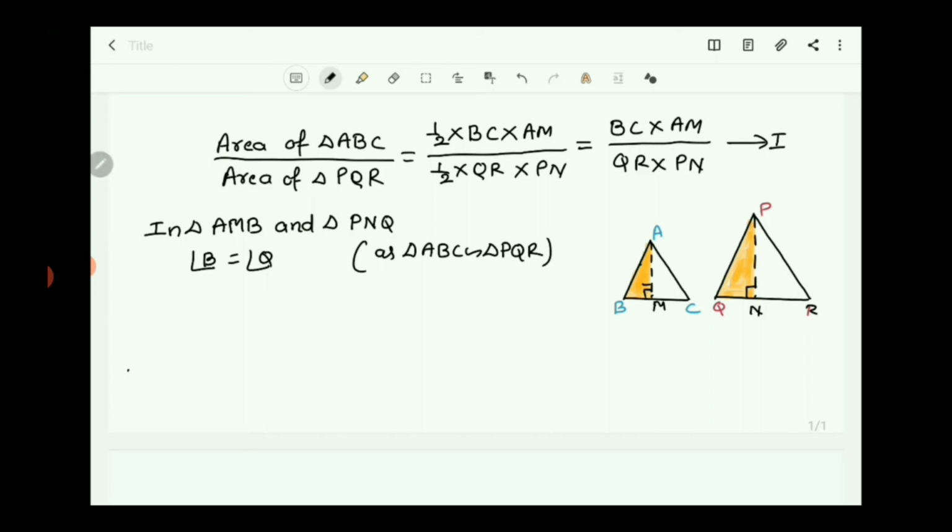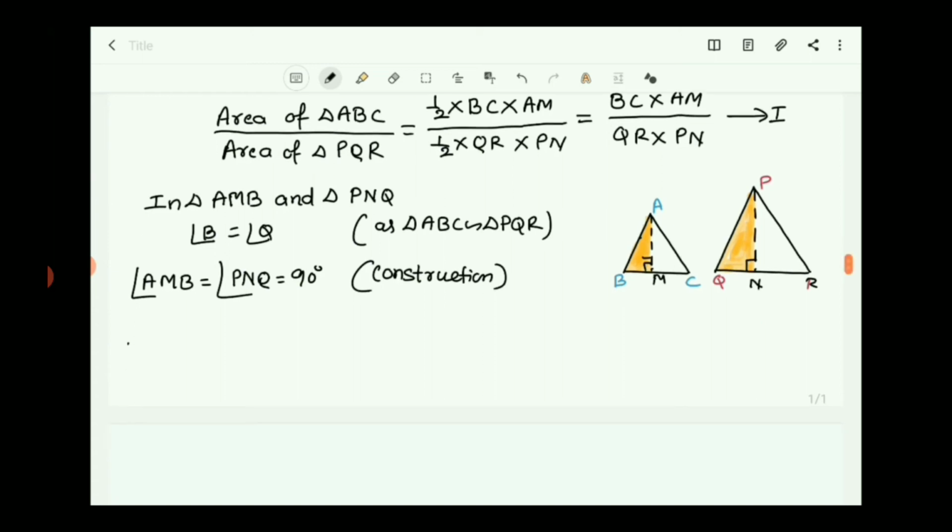So, you write angle AMB is equal to angle PNQ, both are 90 degrees. That is the construction, made as AM perpendicular to BC and PN perpendicular to QR.